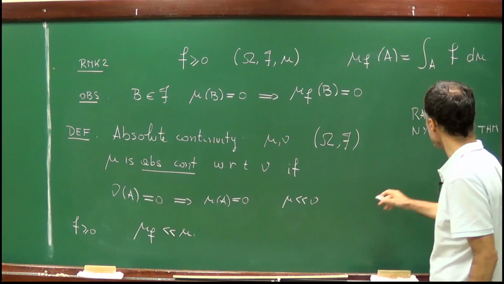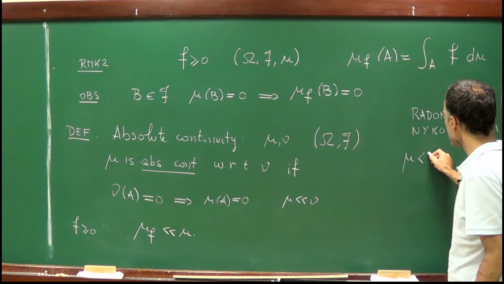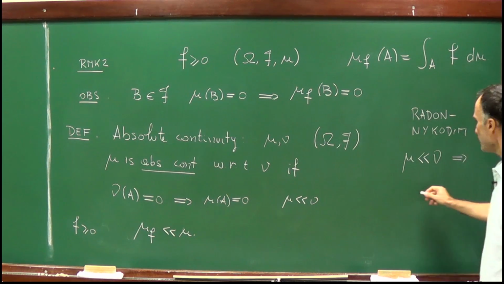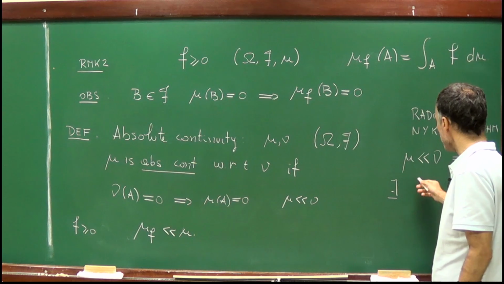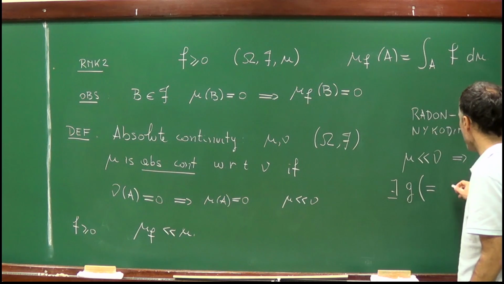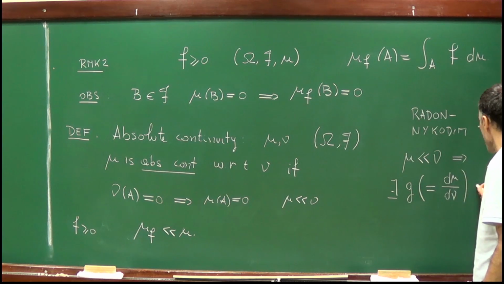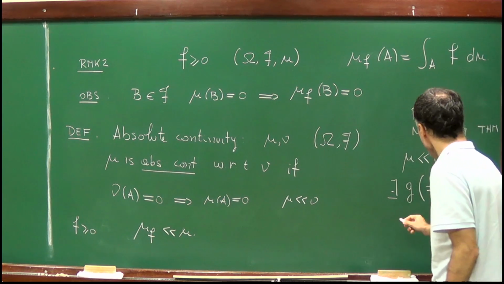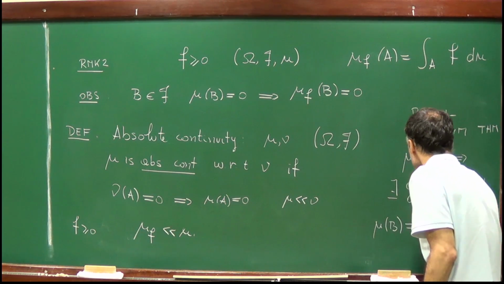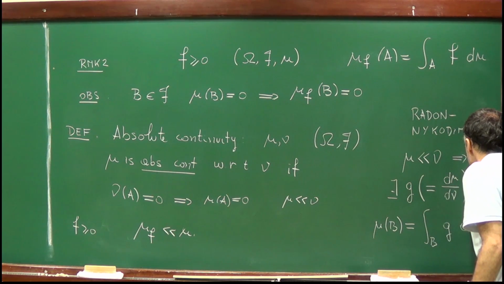So the Radon-Nikodym theorem states that if we have a measure mu which is absolutely continuous with respect to nu, then there exists a function f, or let me call it g, which will be represented by d mu d nu, such that mu of a set B will be equal to the integral over B of g d nu.